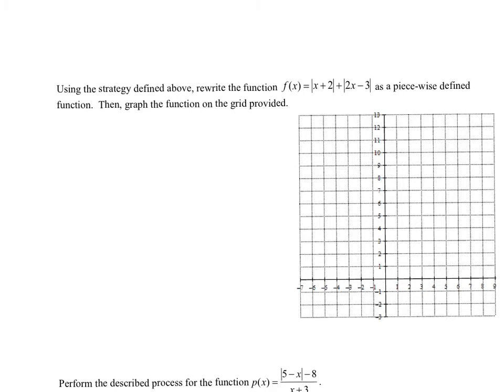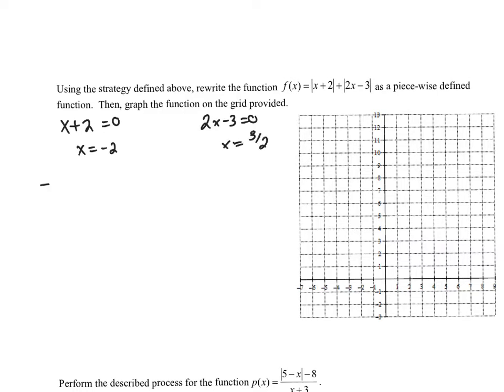All right, so now we're just going to do what we've been doing: solve for x and then write the absolute value function as a piecewise function. So inside the absolute values, we have x plus 2 and 2x minus 3 equal to 0. Solving, x is negative 2, and here x is 3/2.